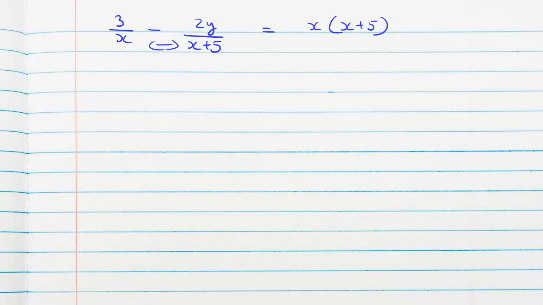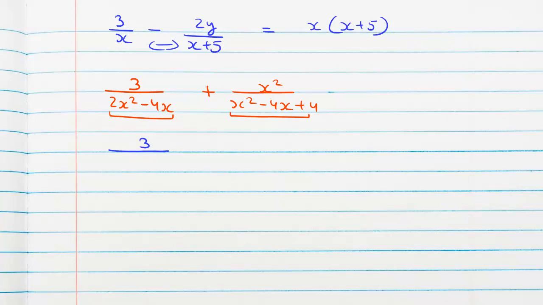Okay, so let's say we have 3 over 2x squared minus 4x plus x squared over x squared minus 4x plus 4. So for this one, before we multiply, we can take a factor over here, this term and the second term. For the first term, we can take 2x as common. Inside will be x minus 2.